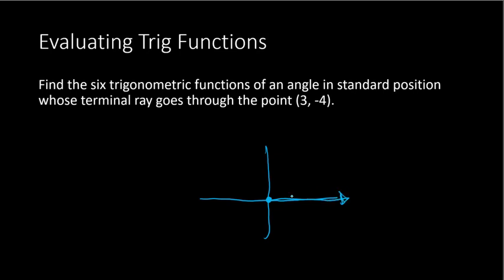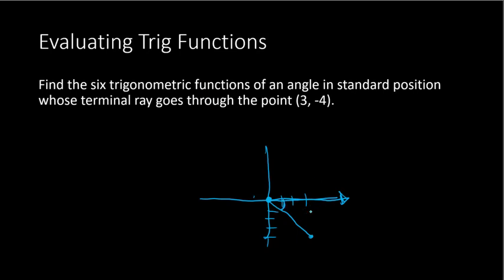And the ray goes through the point (3, -4). So (3, -4) would be 3 right, 4 down. It'd be down to this location right here. And we're trying to find the 6 trig functions of this angle.